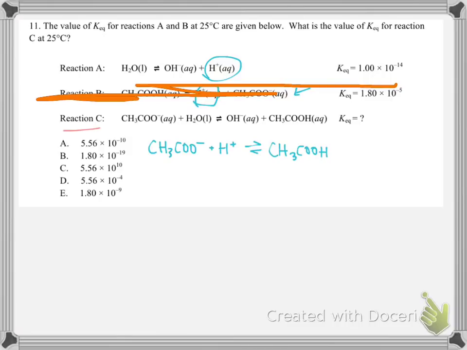And so when we flip a reaction over, what we actually are going to do to the KEQ is do 1 over KEQ. So the original value was this 1.8 times 10 to the minus 5. And so we're changing what's a product and what's a reactant. So we're just going to flip the K expression over, which is the same as doing 1 divided by that KEQ.